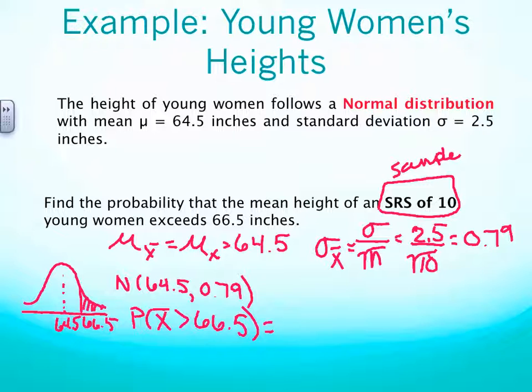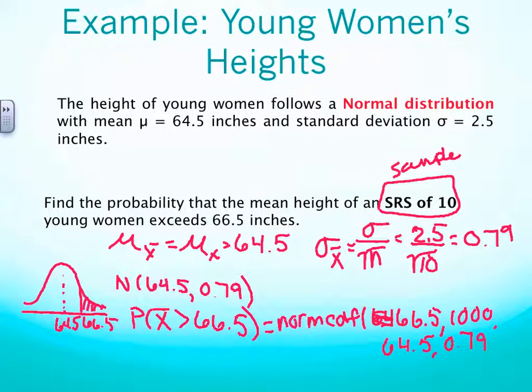We can use normalcdf again, with the same boundaries, 66.5, but our standard deviation is much different. If you have a standard deviation of 0.79, you're obviously closer together.